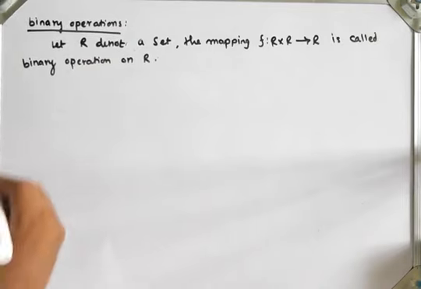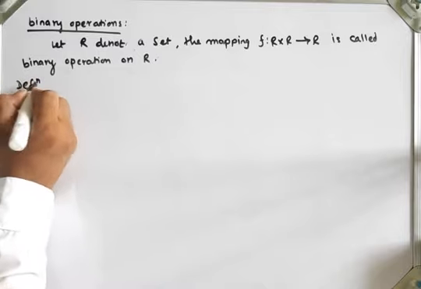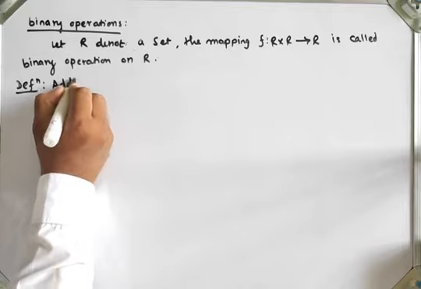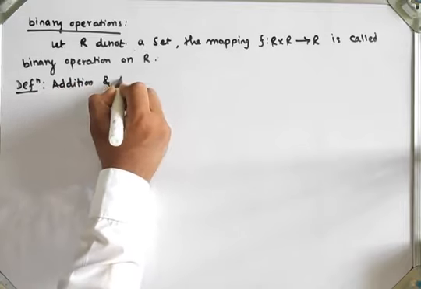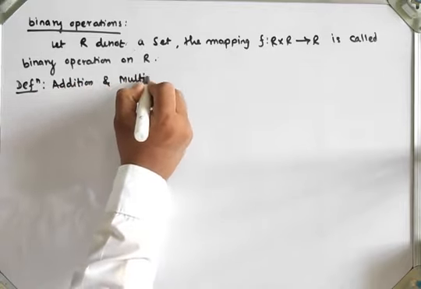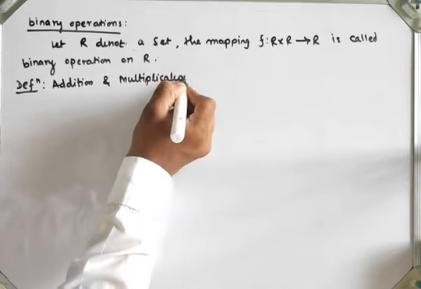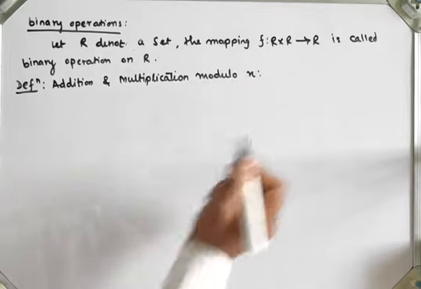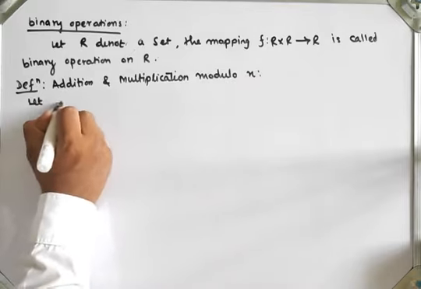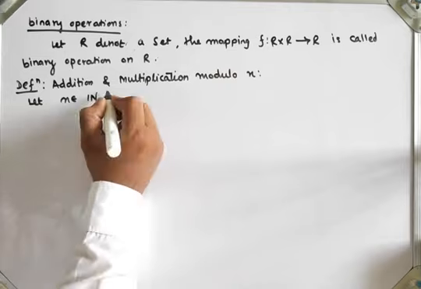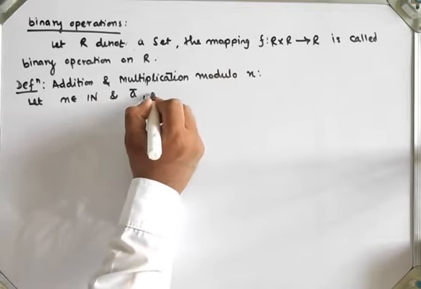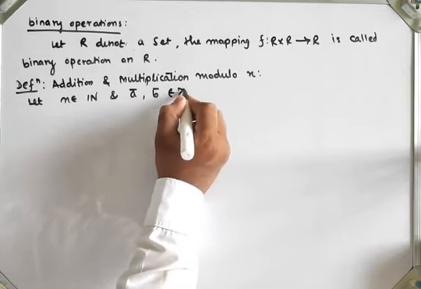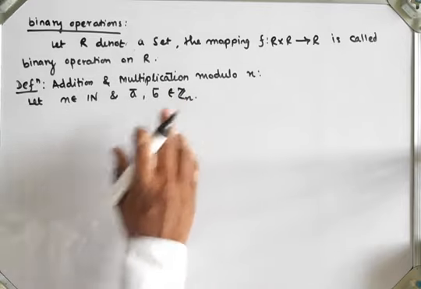Let's see the next definition: addition and multiplication modulo n. Let n belong to the set of natural numbers, and let a bar, b bar, which are residue classes modulo n, belong to Zn.